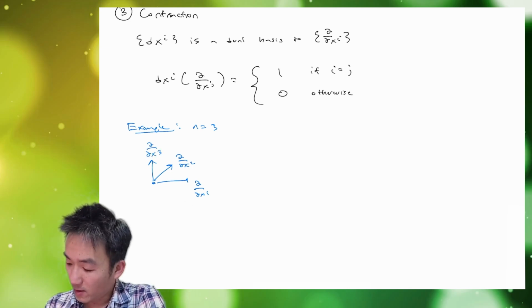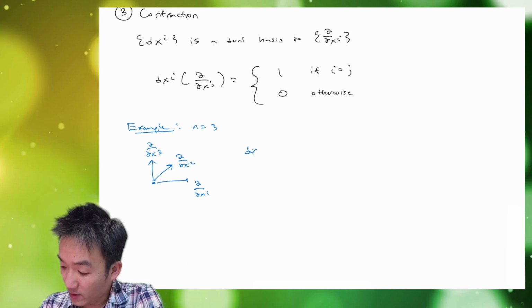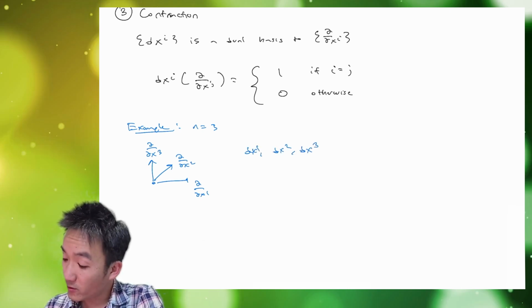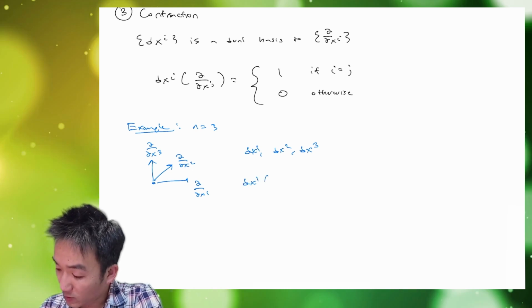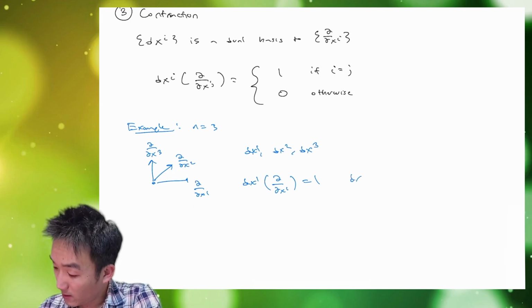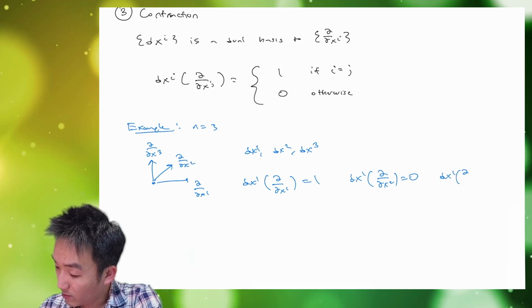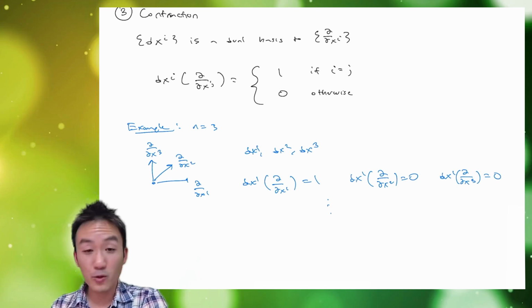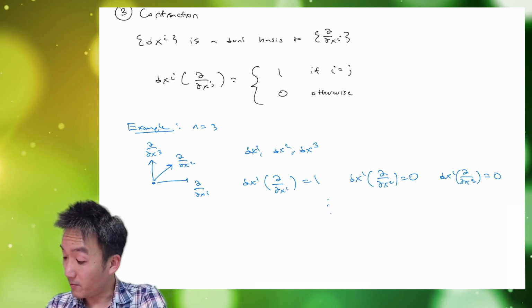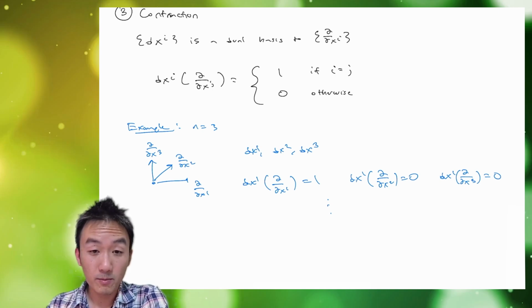And then I also have dx1, dx2, dx3, the coordinate cotangent vectors, and then dx1 evaluated on partial x1 is equal to 1, and then dx1 evaluated on the other coordinate tangent vectors is 0. Okay, and likewise with 2 and 3. Okay, that's what it means to be a dual basis.